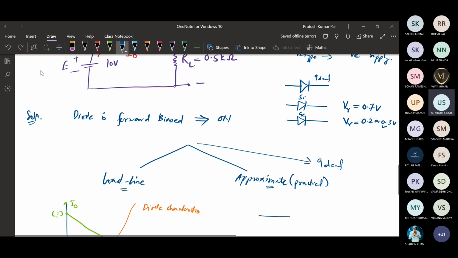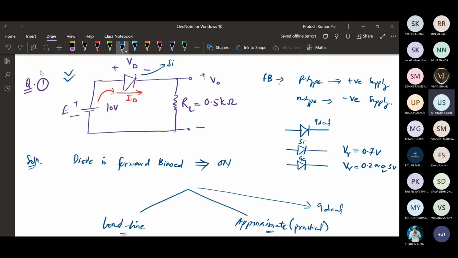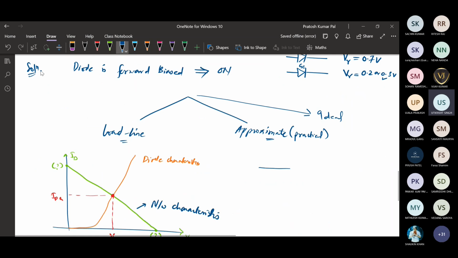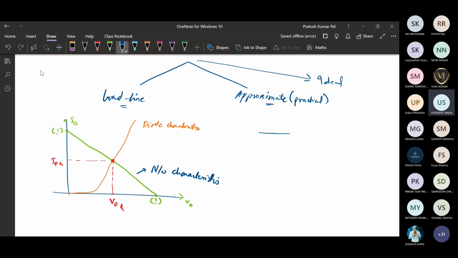Here, if it is given as a silicon diode, in case of forward bias it will be represented by a plus-minus 0.7 volt. This will be the VD across the diode. Its equivalent circuit also represents the voltage along with a resistor.